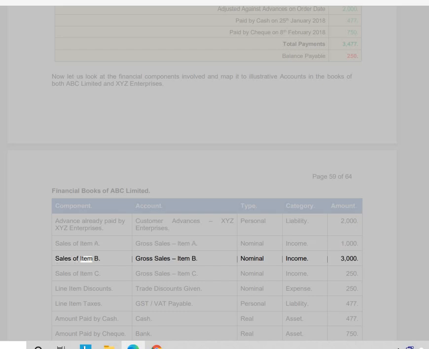Sales of item A, gross sales, item A, nominal income, 1000. Sales of item B, gross sales, item B, nominal income, 3000. Sales of item C, gross sales, item C, nominal income, 250. Line item discounts, trade discounts given, nominal expense, 250.